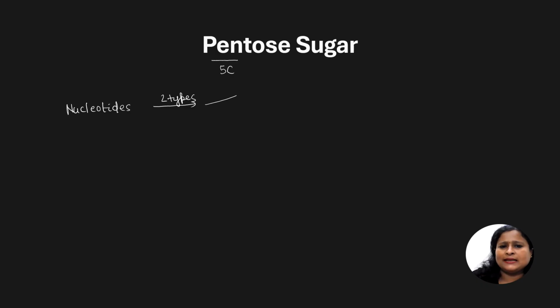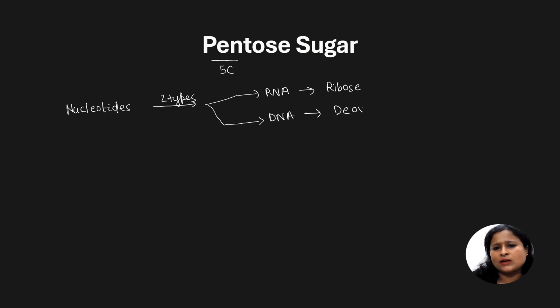If we consider RNA, then the pentose sugar in it is ribose. If we consider DNA, then the pentose sugar present in it is deoxyribose. So, RNA will have ribose and DNA will have deoxyribose.